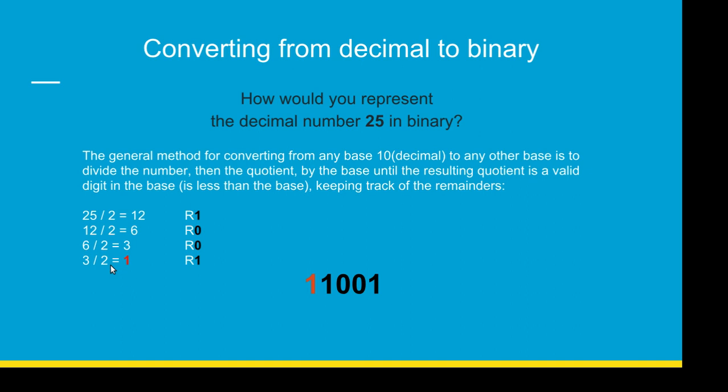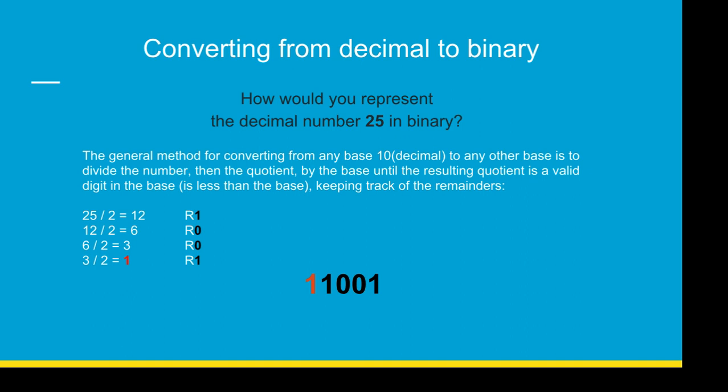So in the beginning, 25 divided by 2, the answer to the division, the quotient, is 12, but it has a remainder of 1.